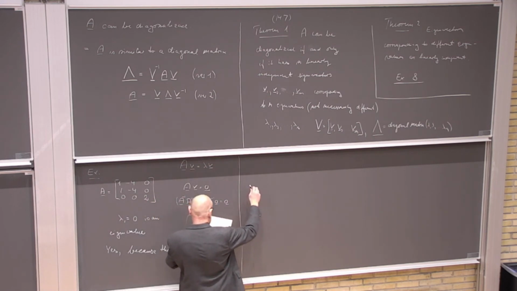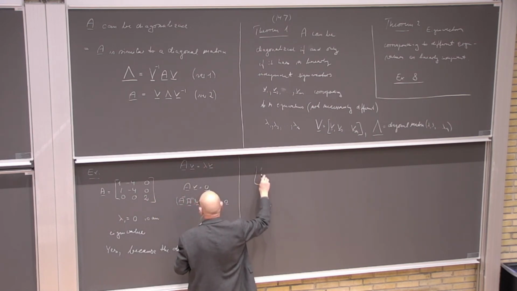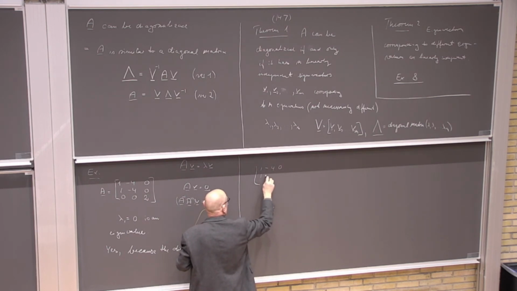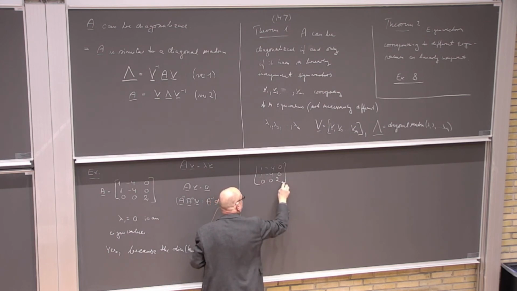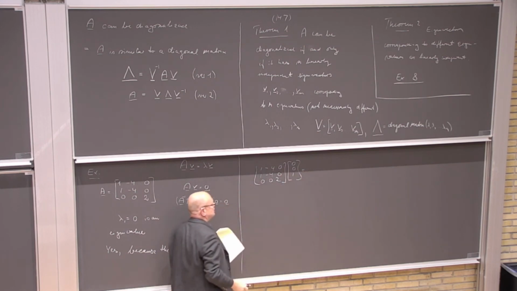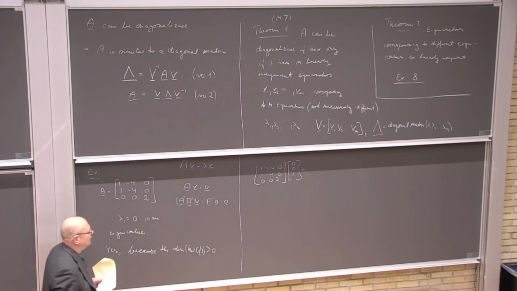So if I do this, 1 minus 4, 0, and 0, 0, 2, my claim is this is probably an eigenvector.